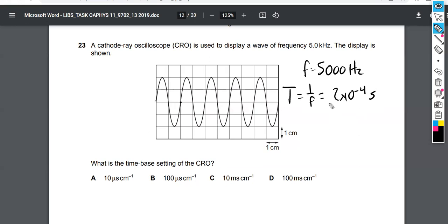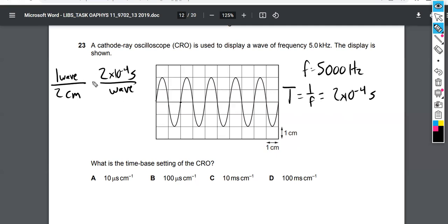So we can use that language to see what's going to cancel here. We could say 1 wave per 2 centimeters. And from this information, we could say 2 times 10 to the negative 4 seconds per wave. Right? So that's the time period of the wave.